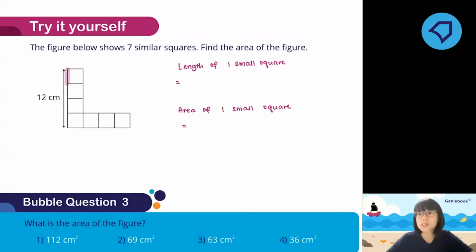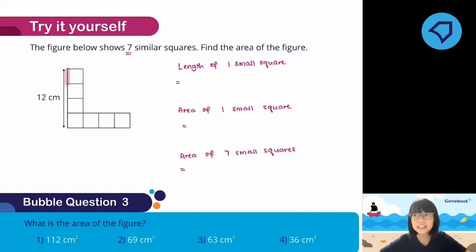And because the question says that you have 7 similar squares, from here you should be able to find the area of 7 small squares. Okay, guys? All right, so you have 1 minute and 30 seconds to complete this one.